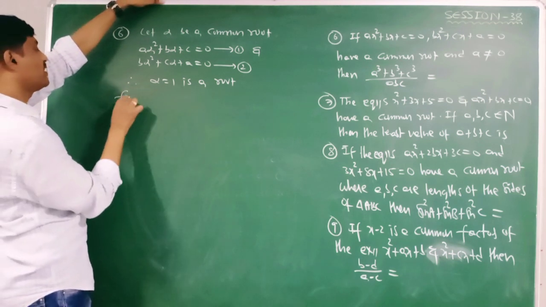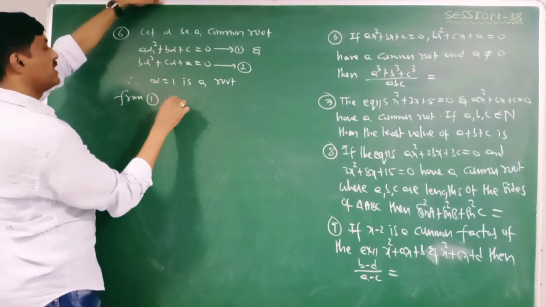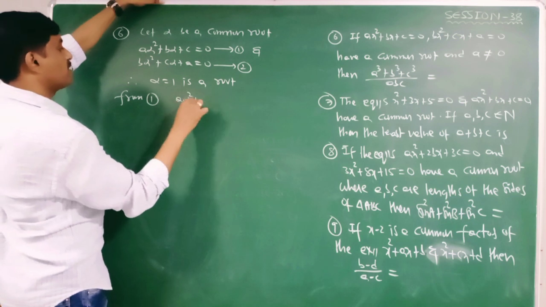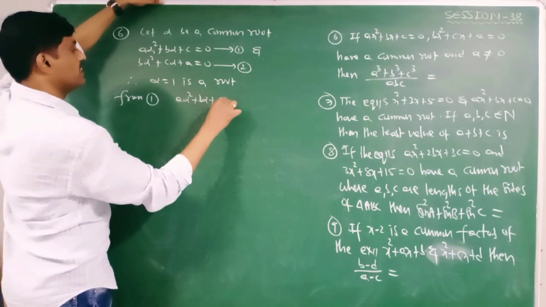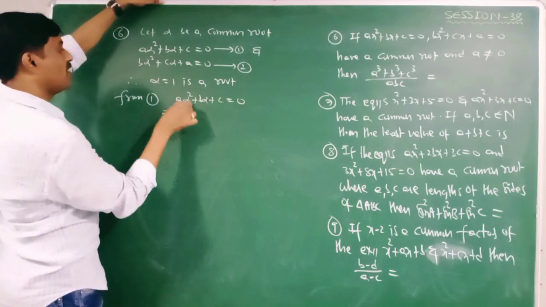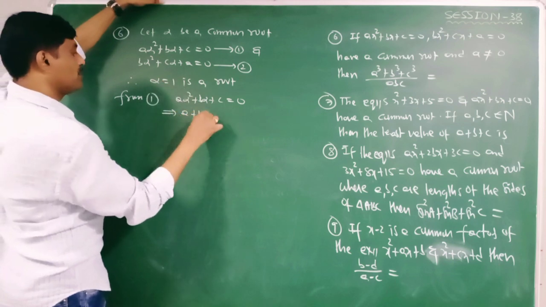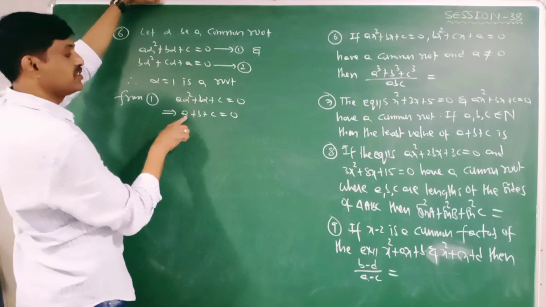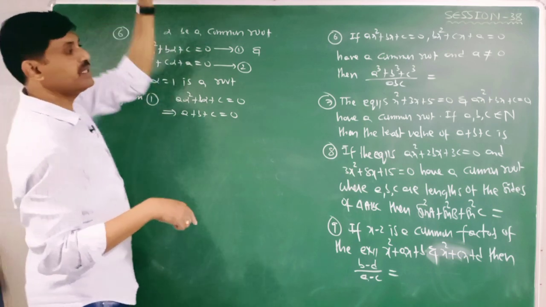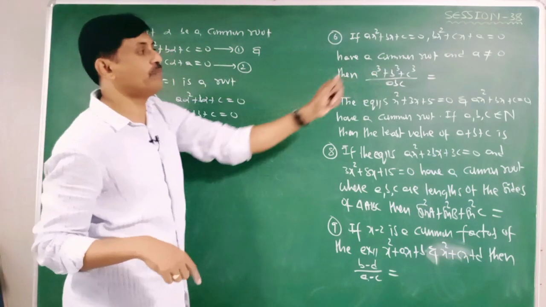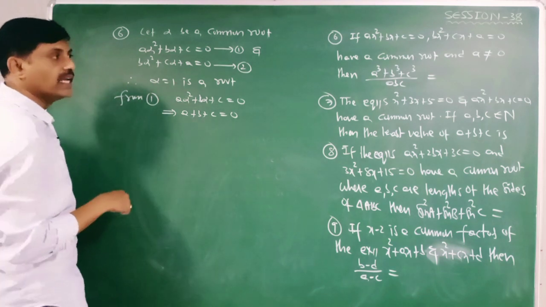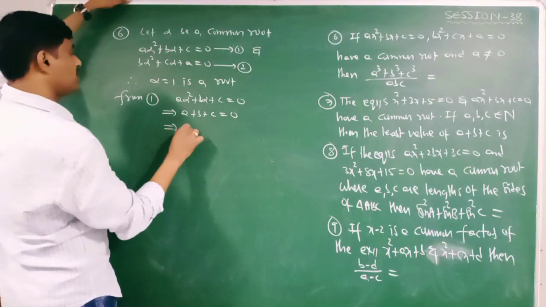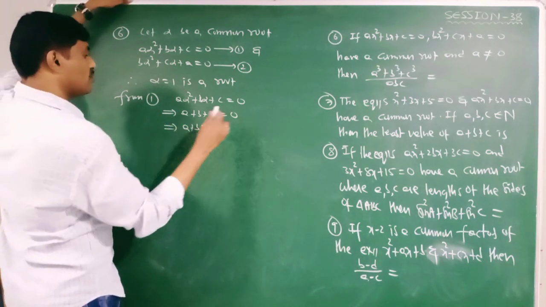From the first equation, a alpha square plus b alpha plus c is equal to 0. Now alpha is 1, so a plus b plus c is equal to 0. We got one condition, a plus b plus c is equal to 0, but we have to find the value of a cube plus b cube plus c cube by abc. Send the c to that side: a plus b is equal to minus c.